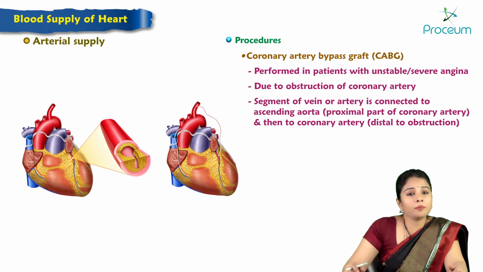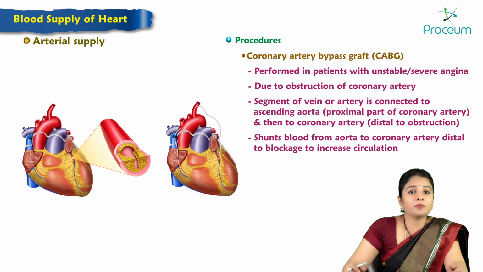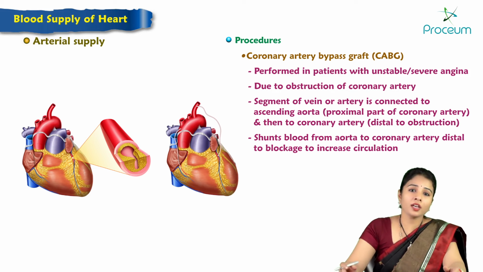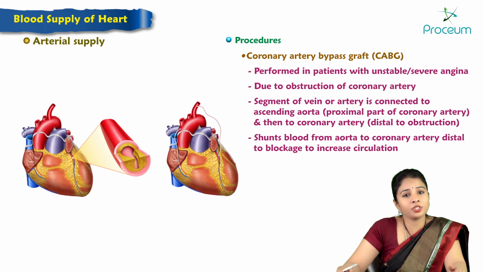So a coronary bypass graft shunts the blood from the aorta to the coronary artery distal to the blockage to increase the circulation. So this is about the coronary artery bypass graft CABG procedure.